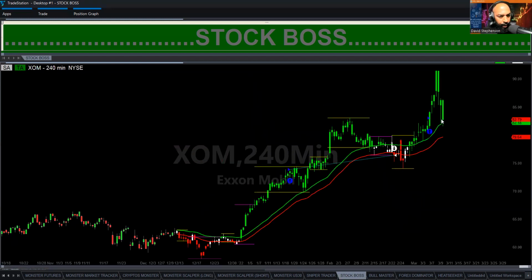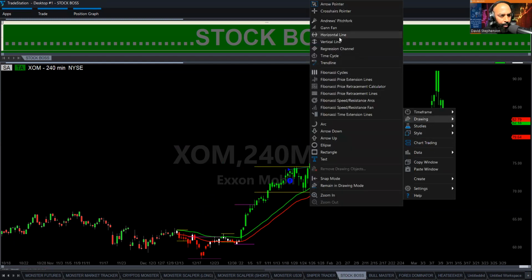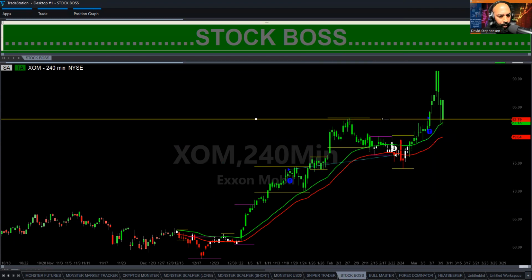Okay, so Peter, here's the 240. We had a buy signal here, right here on a break of this resistance, and it's failing. And now it's below resistance, becomes support, and now it's back in.